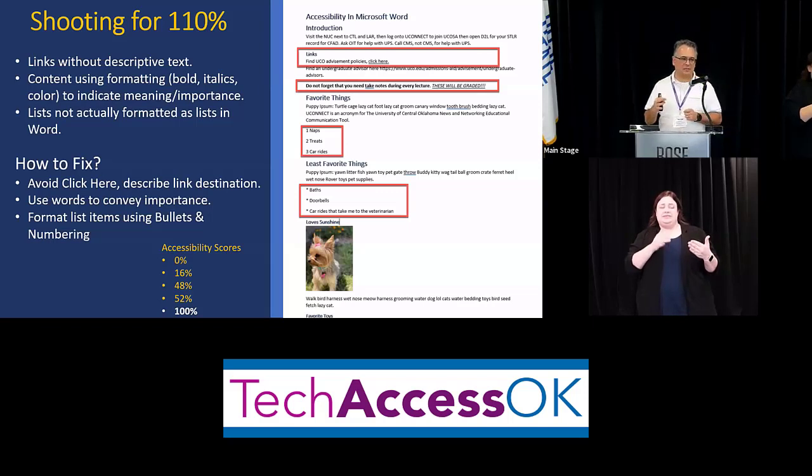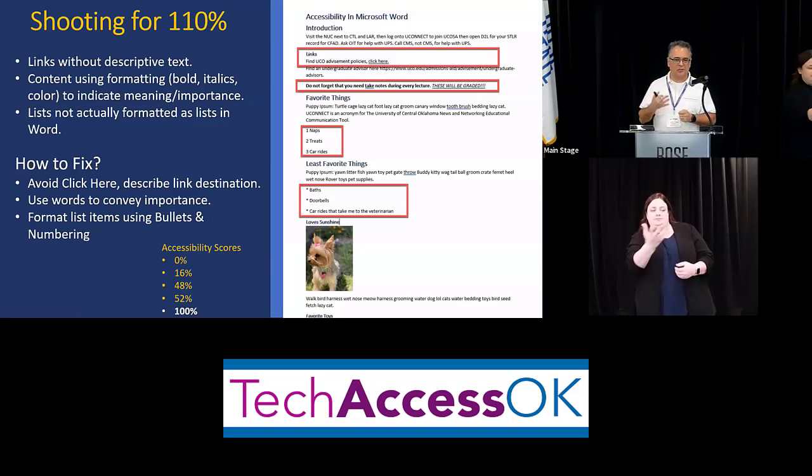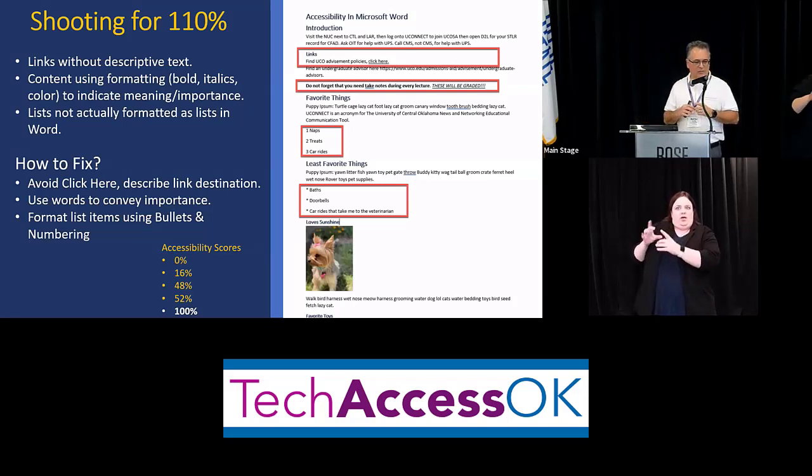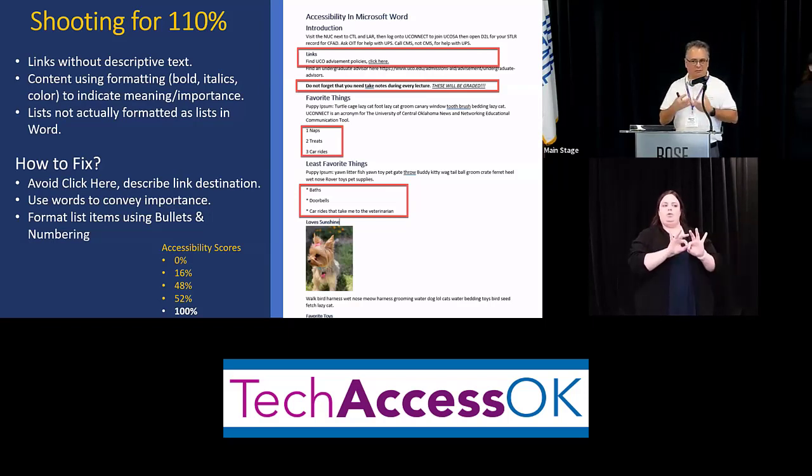That's a problem because it's not telling the reader and the assistive technology where that link goes. It is vague. Below that, there is some text that is in bold, it's underlined, it's capitalized. Screen readers do not convey that information. I would talk about how we can communicate that sentence in another way that indicates importance without using visual cues for that.